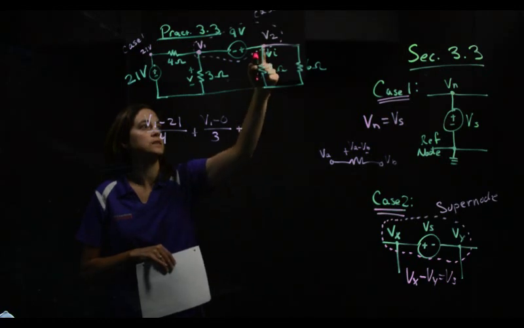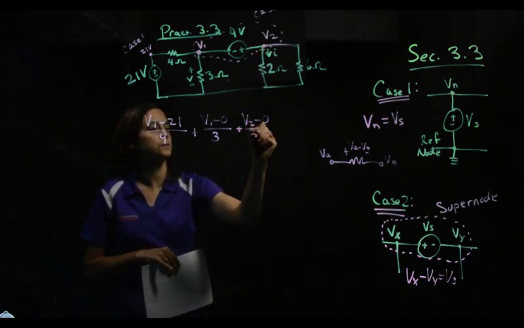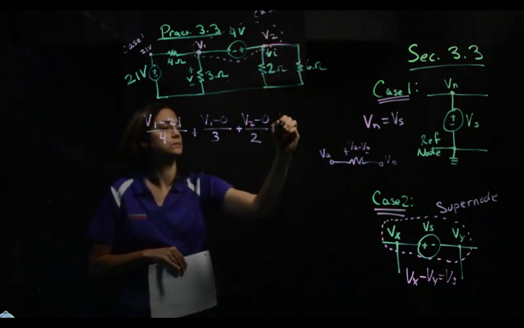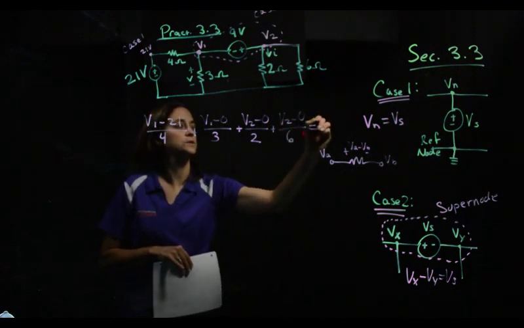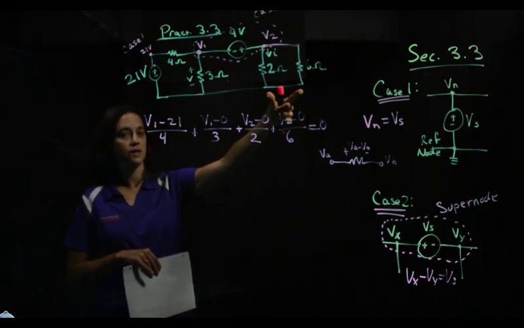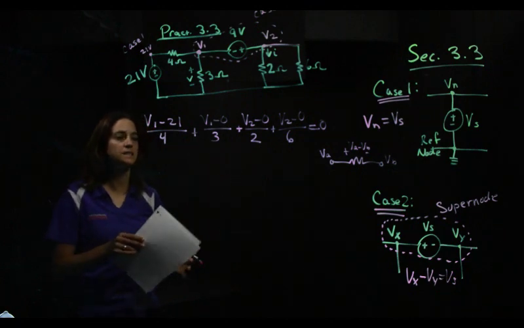Plus V2 minus 0 over 2 plus V2 minus 0 over 6 equals 0. Did you put these two in parallel and have one resistor here? Yes. But I don't see a big advantage of doing that. I just left it as it is.